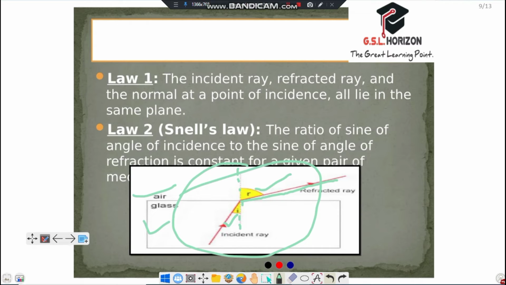Friends, the second law is Snell's law. The ratio of the sine of the angle of incidence to the sine of the angle of refraction is constant for a given pair of media.